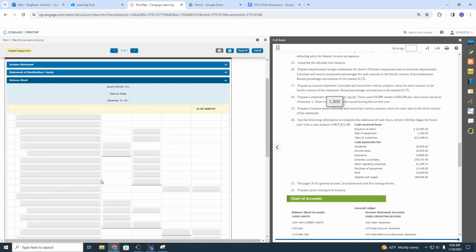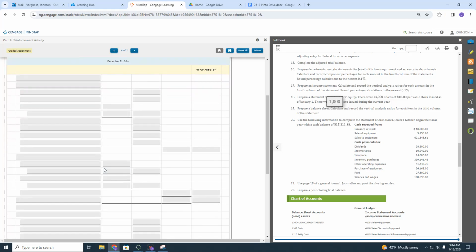For the balance sheet, I'm just going to grab my information from my adjusted trial balance. So I'll start out with my assets. I'll list out all my assets starting with my current assets.